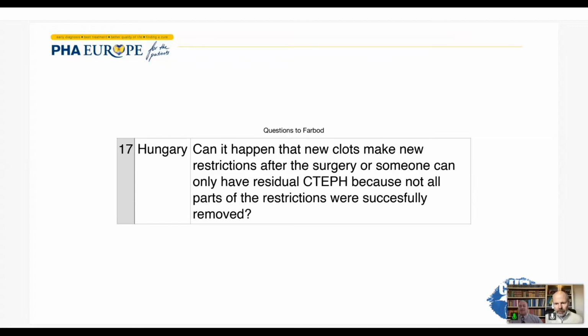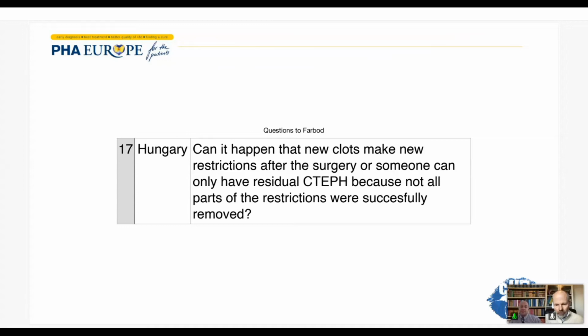Now, new clots. The reference that I put up there, the one from Madani from UCSD, actually discusses that a little bit. They have about, I think, 40 or so patients who needed a repeat surgery, and they specifically mention what the causes were. A lot of it has to do with having come off of blood thinners, either because of lack of compliance or because patients developed a lot of bleeding.